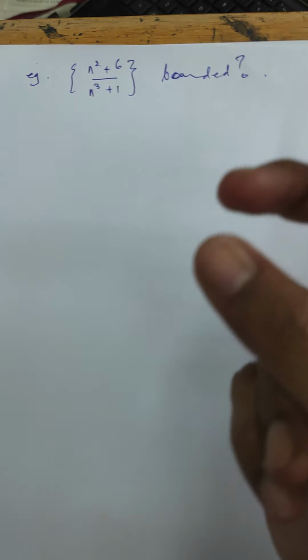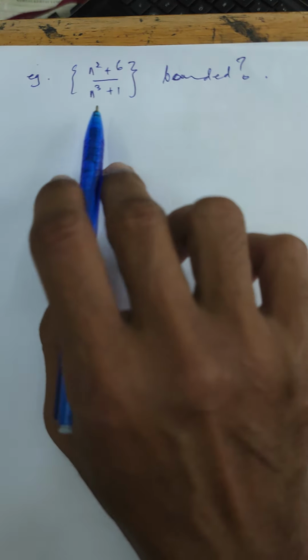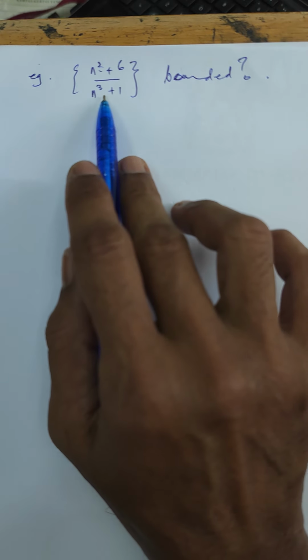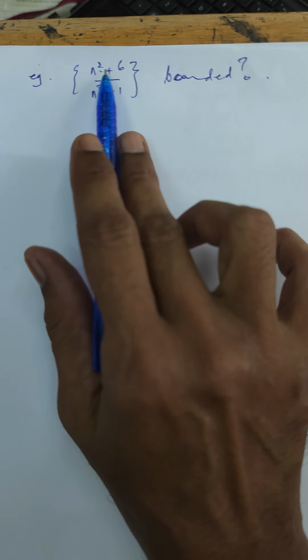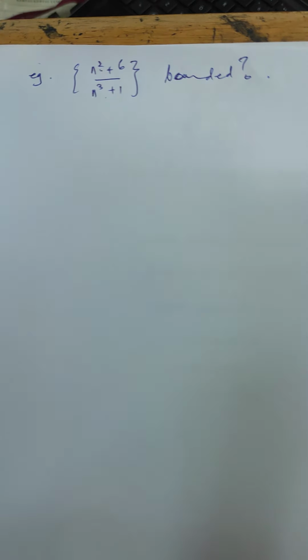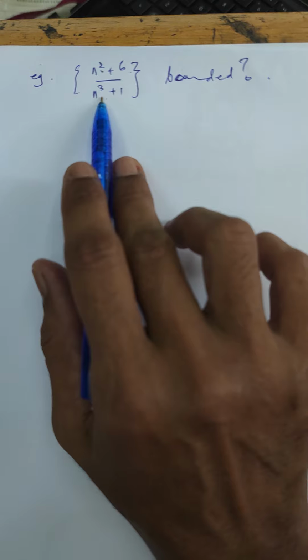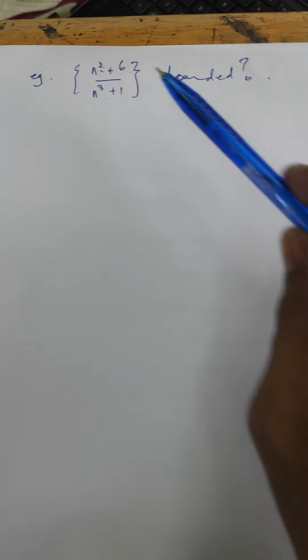So from there, how can we find that m? If you look at those, it looks like n squared over n cubed. But if you look at the numerator, we have plus 6, which is quite big, and the denominator is n cubed, which increases much faster as compared to n squared.